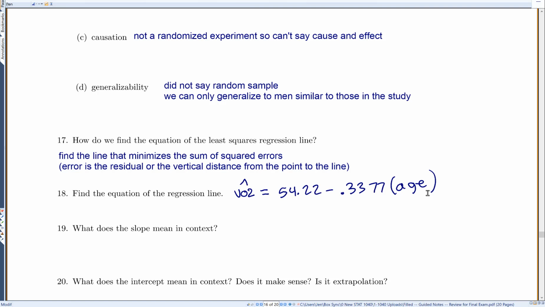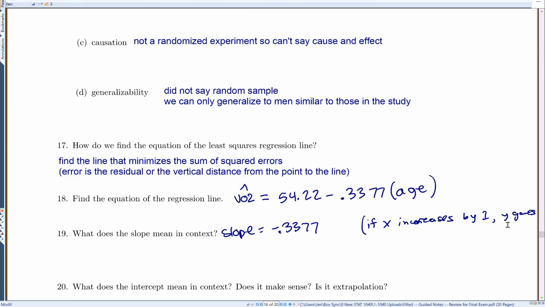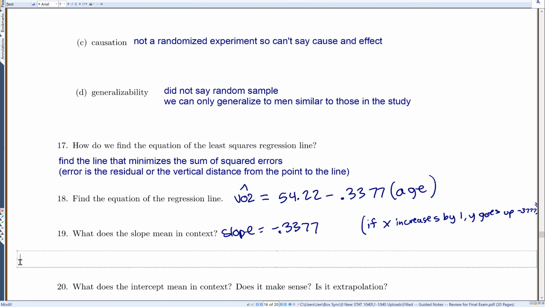Let's see, what does the slope mean in context? So my slope equals negative 0.3377. And if you're back in a math class, you'd say if x increases by 1, then y goes up negative 0.3377. So now because we're in a stats class, you need to actually write that in context.